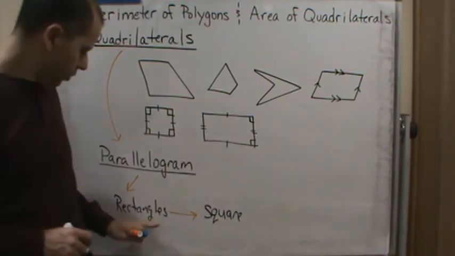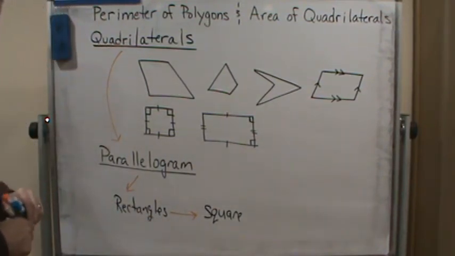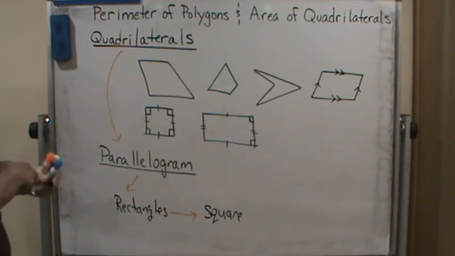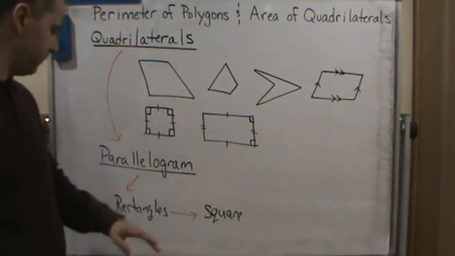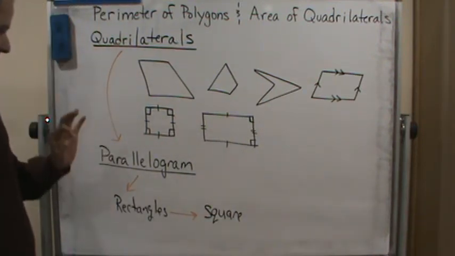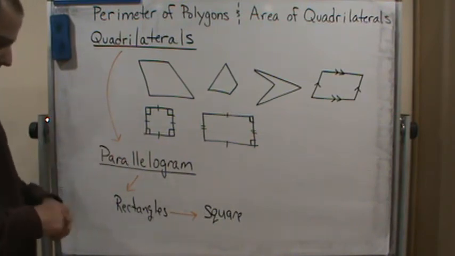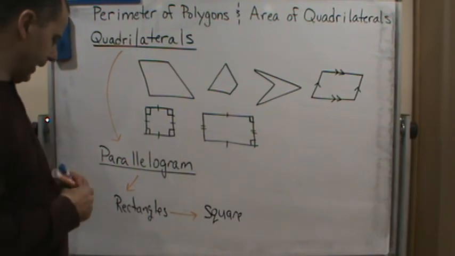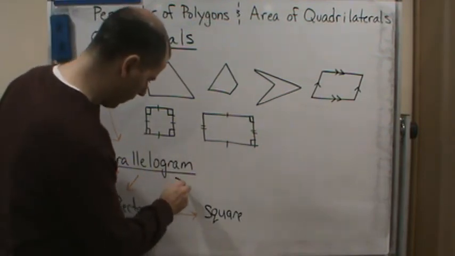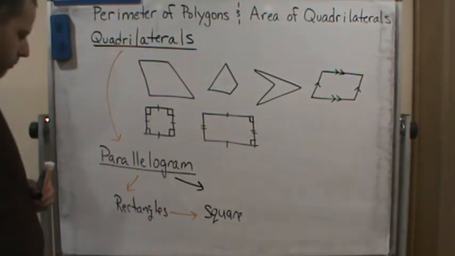Now, there's also another one which I don't think we get into, called a rhombus. I'm not going to get into the rhombus since we don't go into it, but it would fit. It's not a square, it's a parallelogram, so it would be up here under parallelogram.